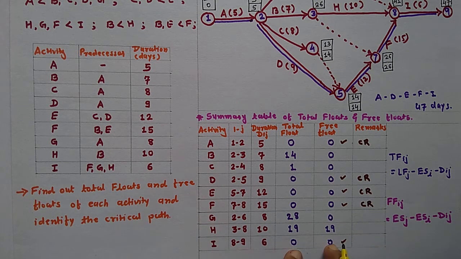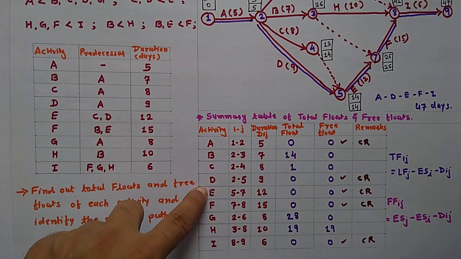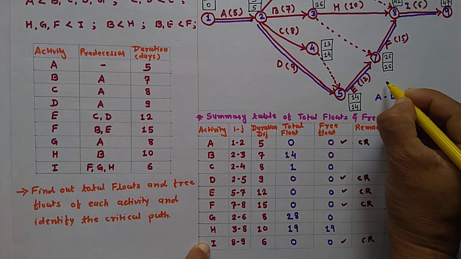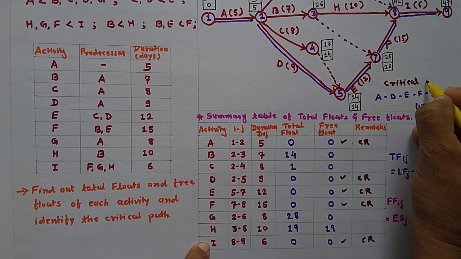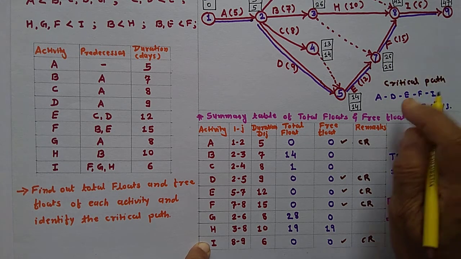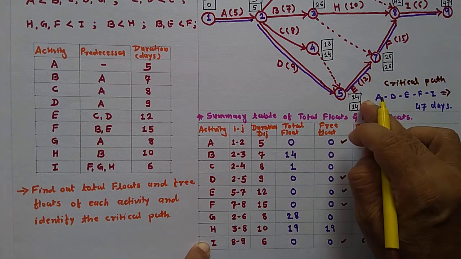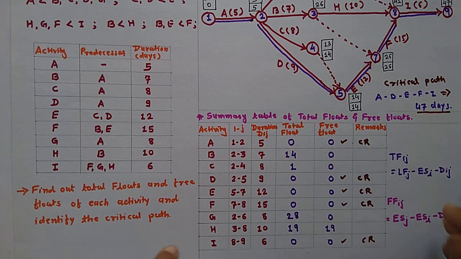Here both values are the same, so this is critical. So your critical path is A, D, E, F and I, and the summation of all the durations is 47. So 47 is your project duration.